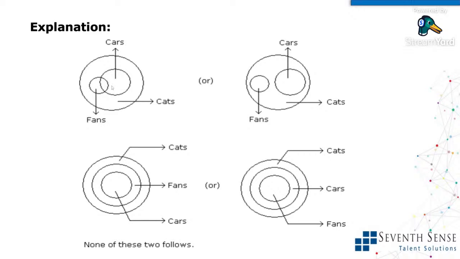If all cars are fans, all fans are cars, here you would take it as false. But if you take this diagram and they give it as some fans are cars, some cars are fans, you would take it as yes, sir, it is true. But actually the diagram should be like this, and you should go for false.